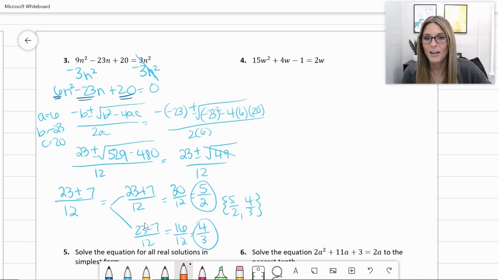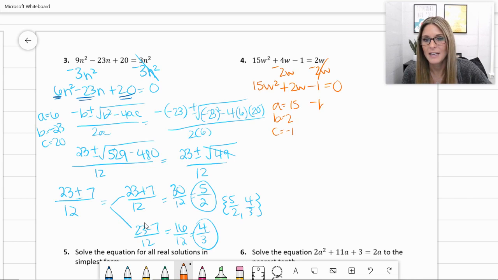And number 4, again, it's not set equal to 0, so subtract 2w. Combining it with like terms on the other side, we get 15w squared plus 2w minus 1 equals 0. My a value for this one is 15, b is 2, and c is negative 1.